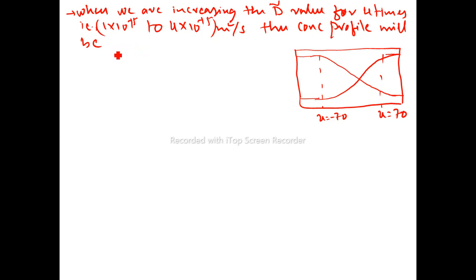We know that diffusion depth x is directly proportional to root Dt.